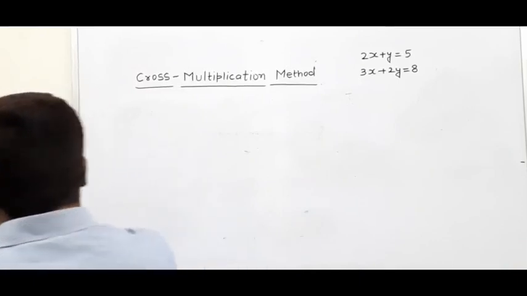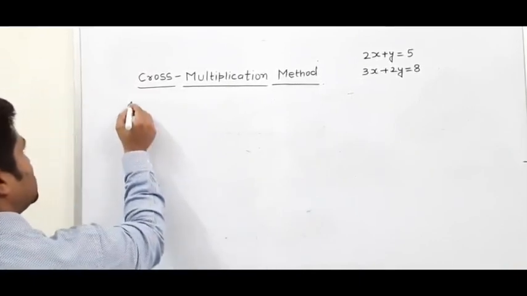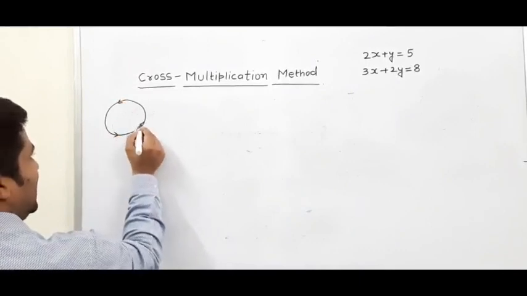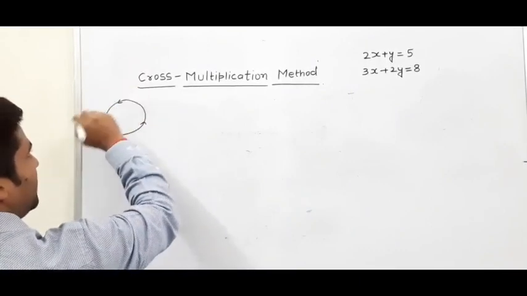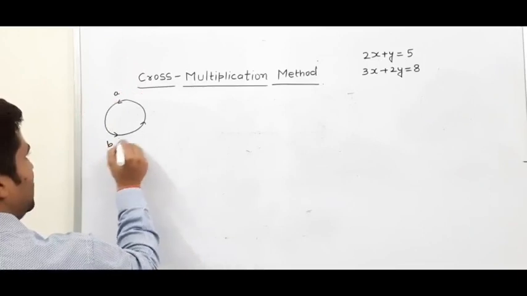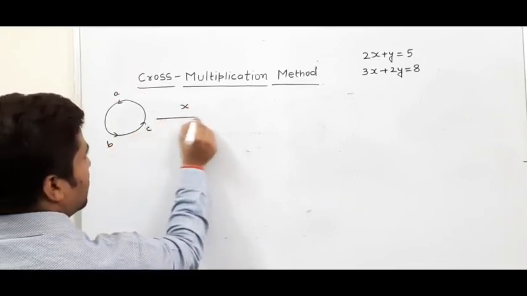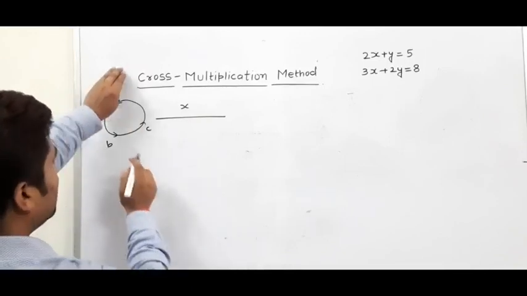Okay, so what to do? We just have to draw a circle with any direction that you prefer, with A, B, C. X upon, hiding A, what is the term containing?